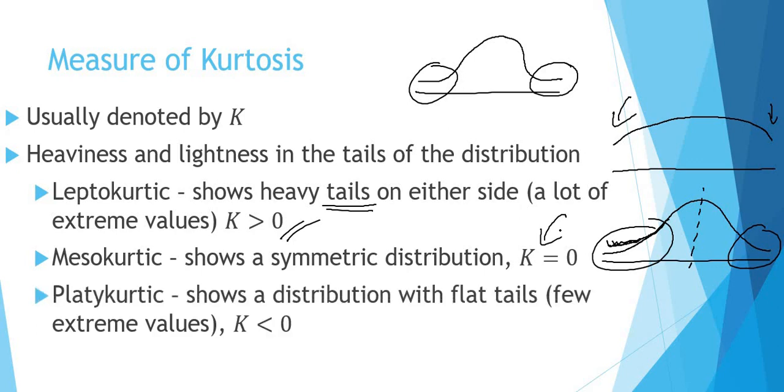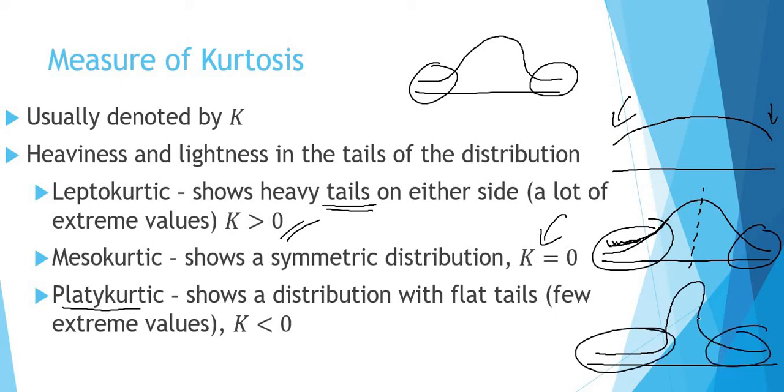If K is less than 0, we call it platykurtic, and the distribution has very few extreme values like this. So very few, very small extreme values. More of the values are just in the middle, a lot more in the middle really, and very few here, and that's what we call platykurtic. So, given skewness and kurtosis, how do we now describe our histogram? We're going to learn about that in the next video.